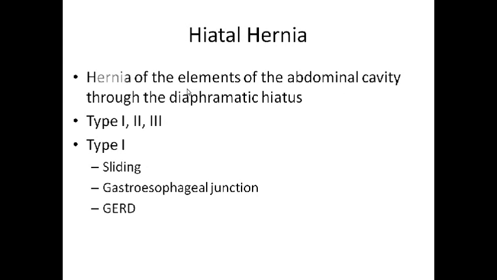Hiatal hernia, there's different types, hernia of the elements of the abdominal cavity through the diaphragmatic hiatus. So usually either there's a widening or injury to the diaphragm. Again, there's three types. The first type is sliding hiatal hernia.